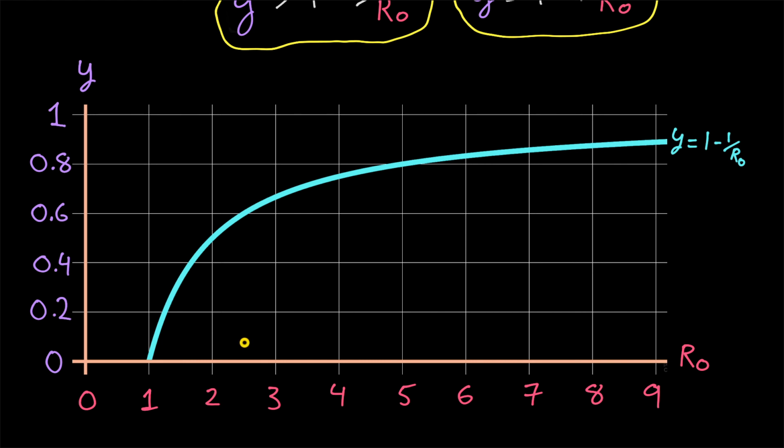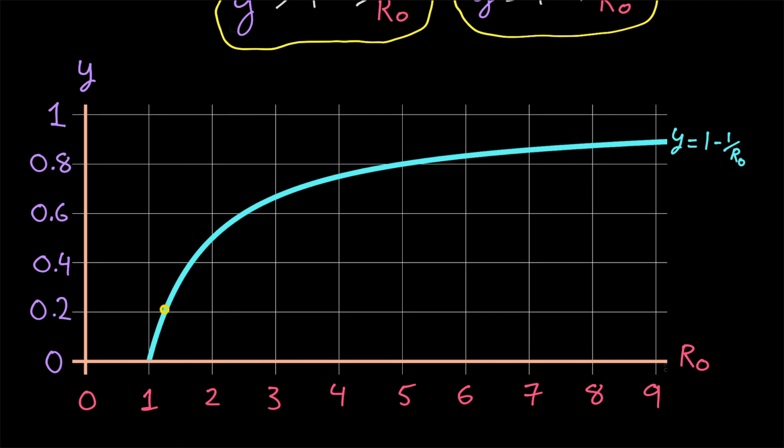And let's say masks reduce infectivity by 50%. So let's say masks make it half as likely to contract the infection. That will essentially mean that we can take R naught and divide it by 2. So R naught is now not 2.5 anymore because everybody is wearing masks.